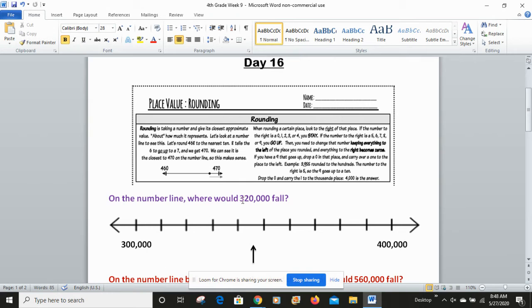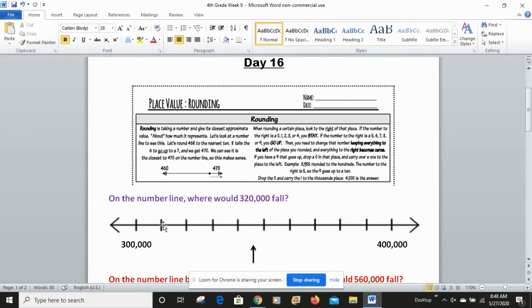So I look at this number, 320,000, and I can look at where I'm starting at 300,000 and where I'm ending on this number line at 400,000.